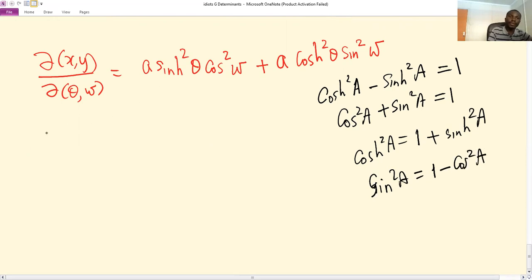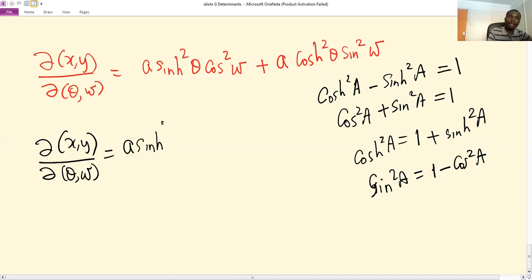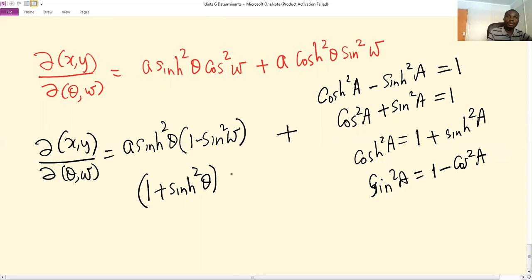So now the Jacobian of x, y with respect to theta, omega will be a times hyperbolic sine squared theta, and then instead of writing cos squared, we write it as 1 minus sine squared omega, and then plus this one, we write it as 1 plus hyperbolic sine squared theta, and then we multiply by sine squared omega.